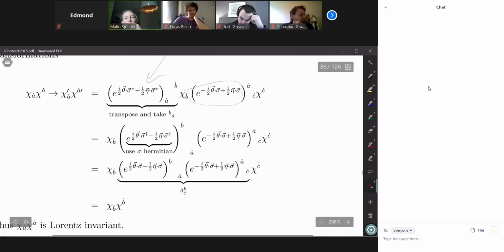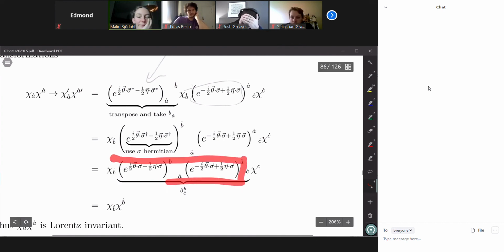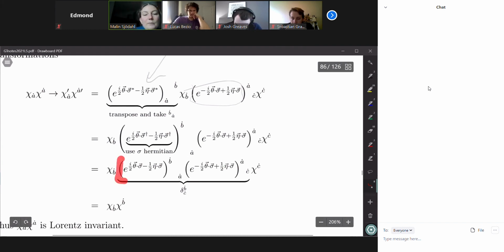And now if you stare at this expression here in the middle, you see that we everywhere have the opposite sign, but otherwise the same expression. So for the rotations, we have a plus sign there and minus sign there. For the boosts, we have minus sign there and plus sign there. So this matrix is actually the inverse of that matrix.